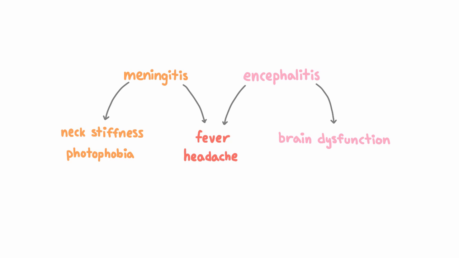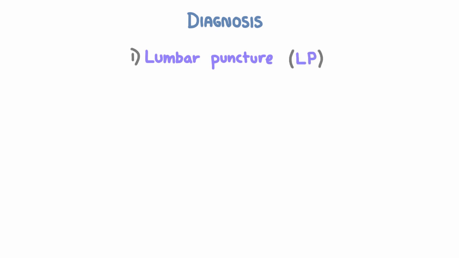So if someone presents with these symptoms of either meningitis or encephalitis or both, of course it might not be viral. But if it is viral, how would you confirm the diagnosis? First, you might do a lumbar puncture, or LP. Now, what do you do with this LP? Well, first you look at the standard CSF parameters, which are cell count, glucose, and protein.